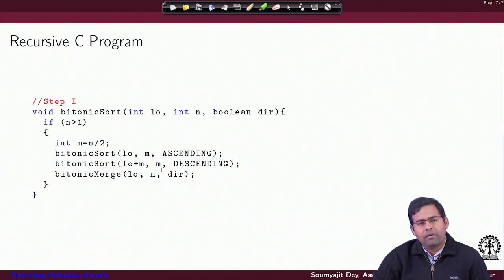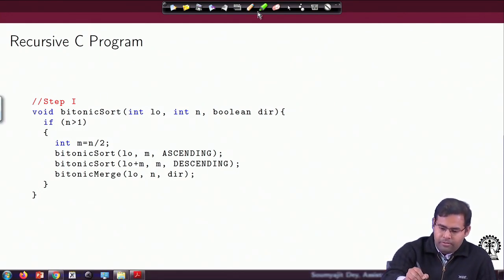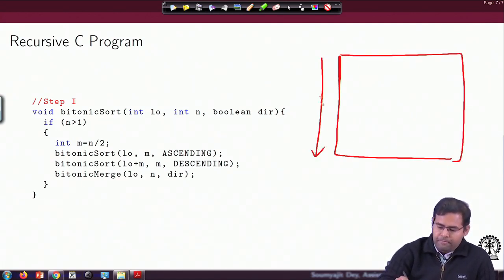If we have to implement a Bitonic sort algorithm, we take the whole input and divide it into two parts.